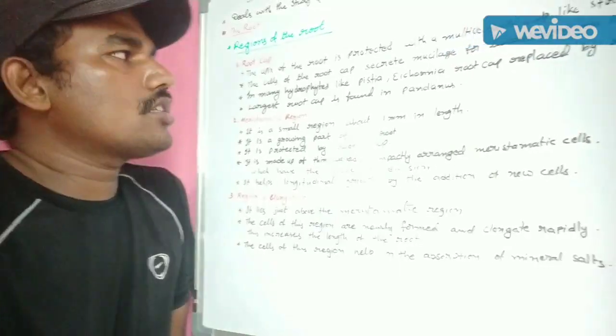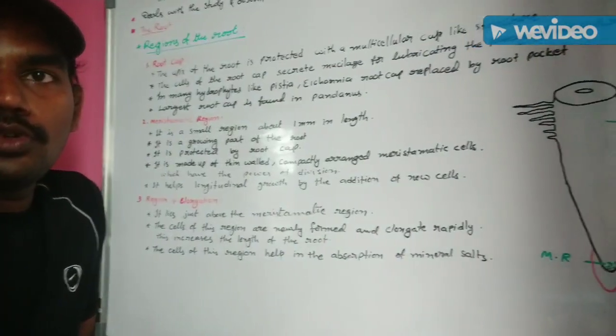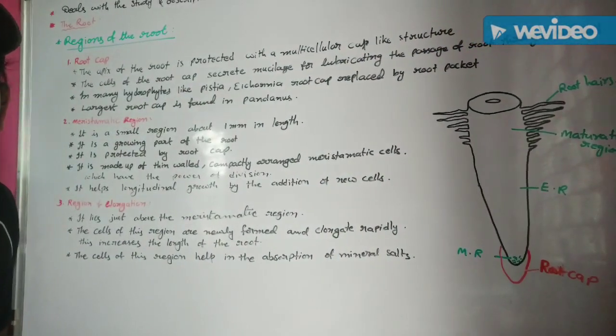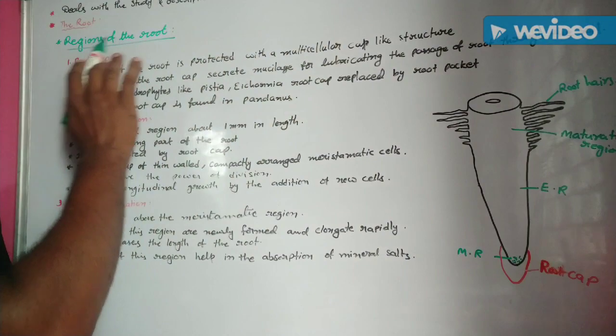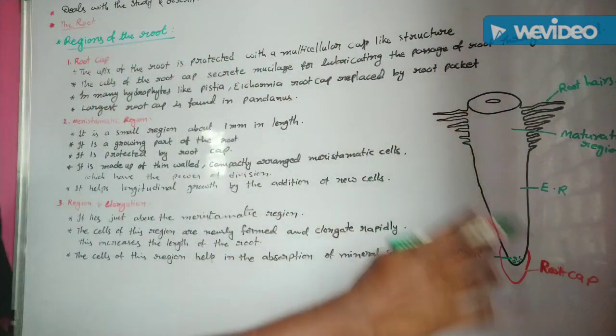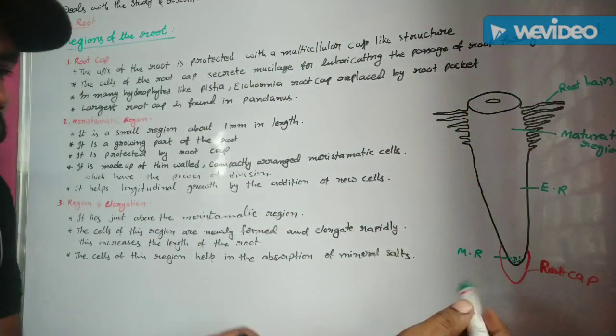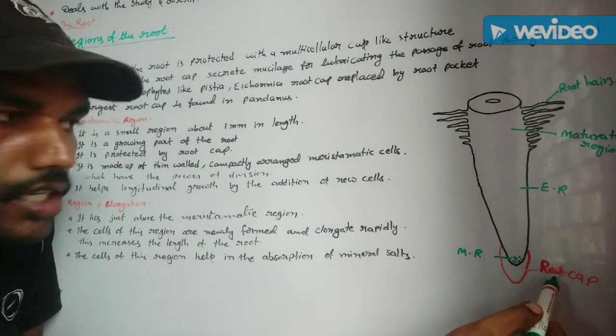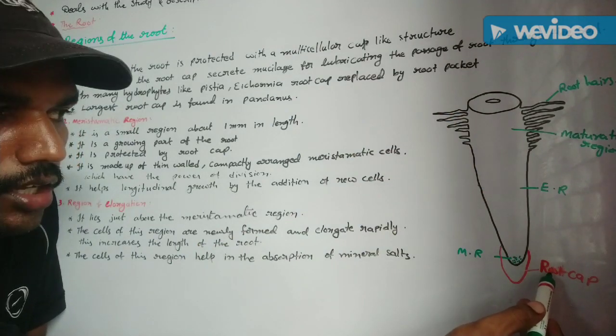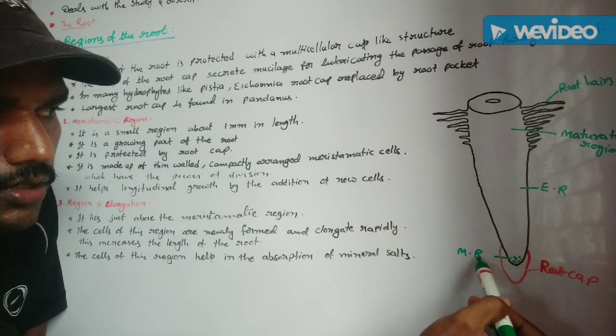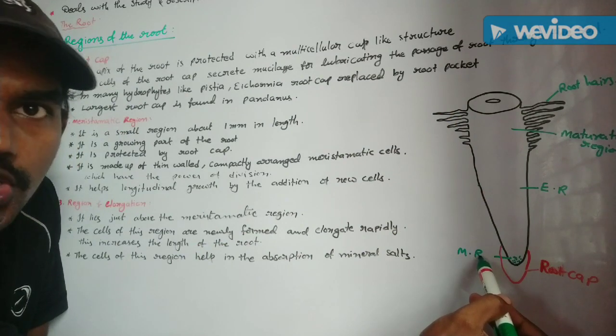Okay. Next concept, that one is the regions of root. Root consists of different types of regions. What are they? The first one, initially the root cap. Above that, the meristematic region or meristematic zone.